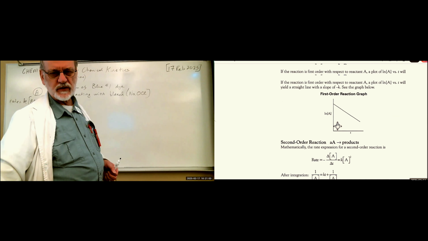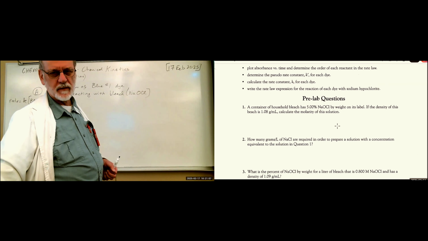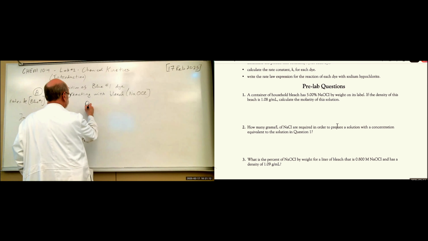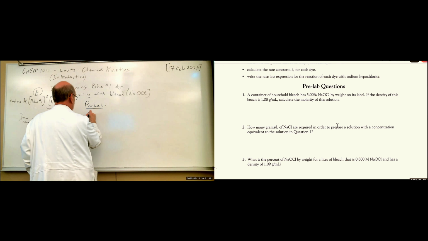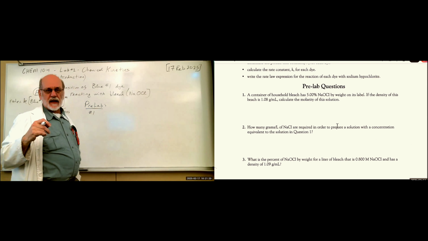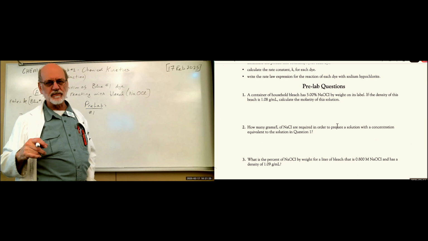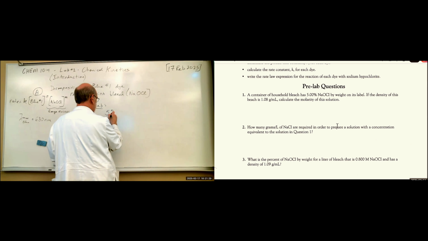Let's go back up and do the pre-lab questions now. All right, the first one. Pre-lab number one. A container of household bleach has 5% sodium hypochlorite by weight. So our bleach is 5%.